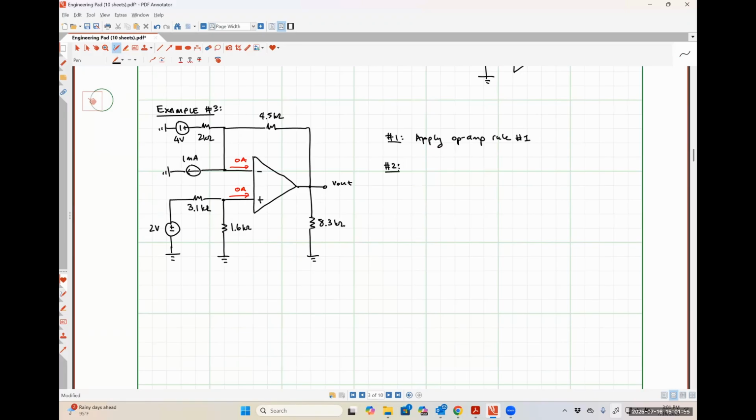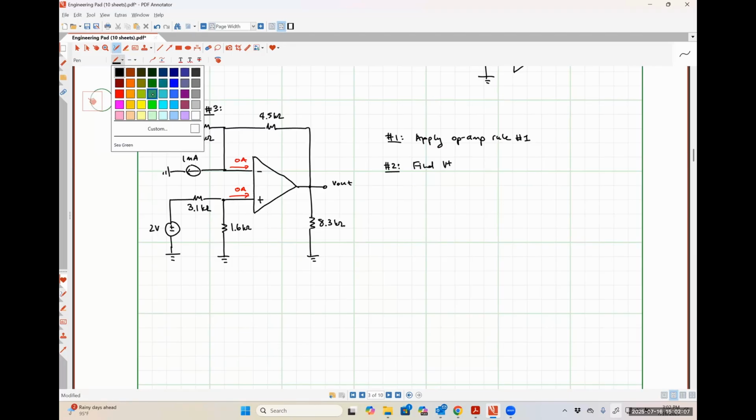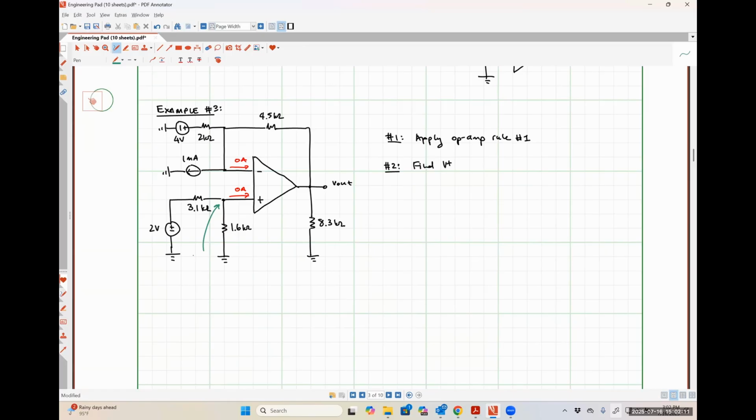Step number 2 is to find V plus, which I'm just going to draw an arrow here. So we are finding the voltage at this node.